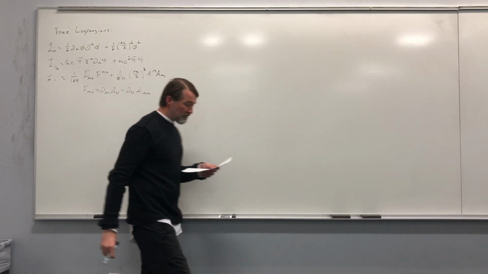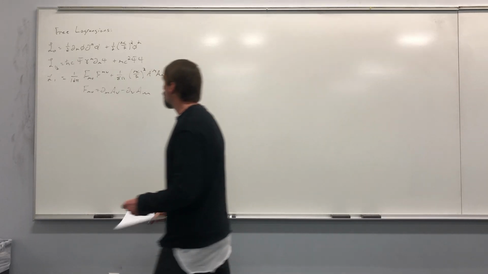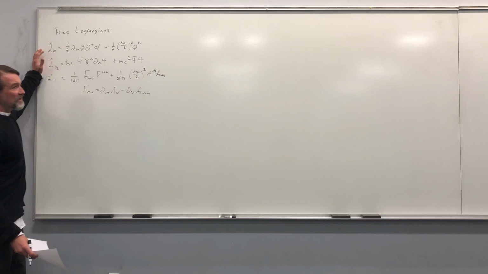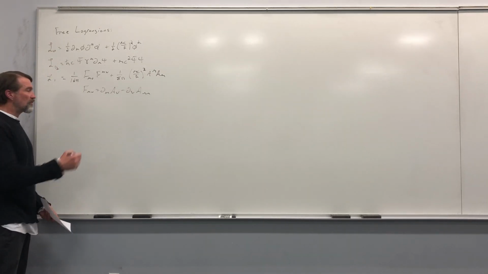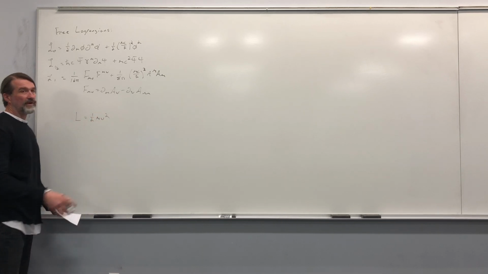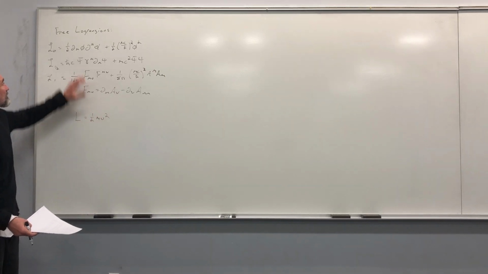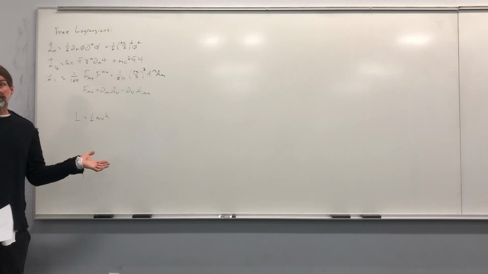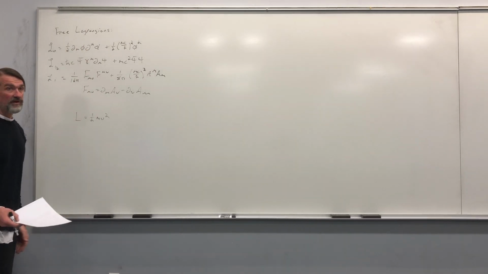Okay, so those are the Lagrangians, which are basically the kinetic term of an ordinary three-dimensional Lagrangian. So it's like 1/2 mv squared for the kinetic term in a Lagrangian. These are the relativistic generalizations of that for fields. That's all they are.